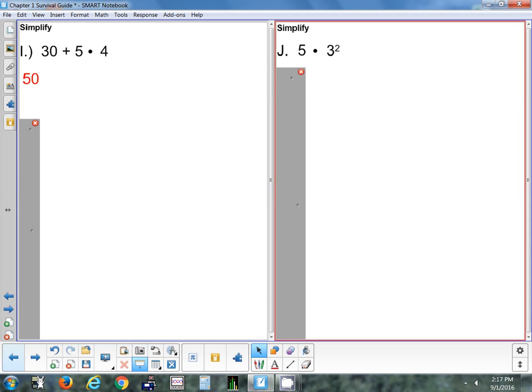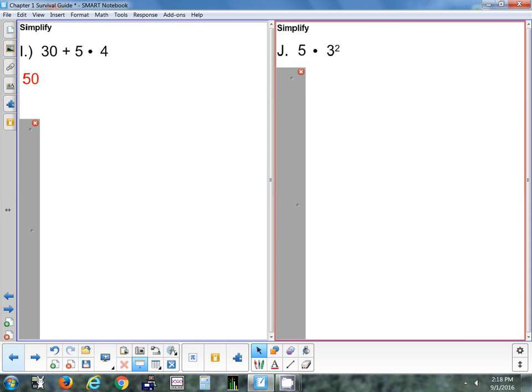So in this problem, for I, what's the first thing I should do? What are we using for this? Order of operations, right? I'm sorry, what's your name again? Haley. You're absolutely right. But I'm just trying to make you think of the process. You said multiplication. That's perfect, right? Because we do PEMDAS. The M comes first.